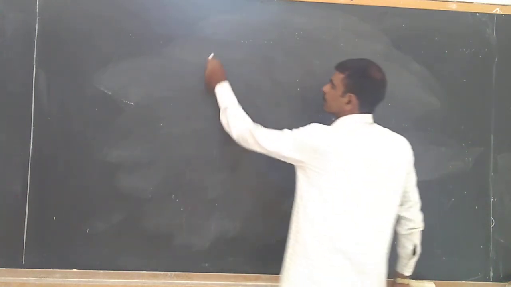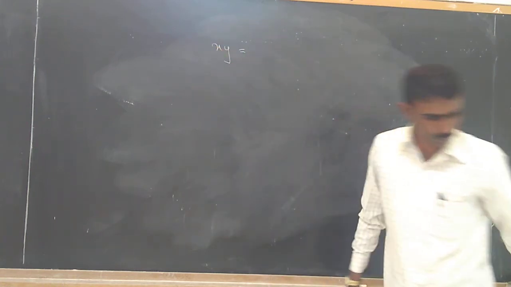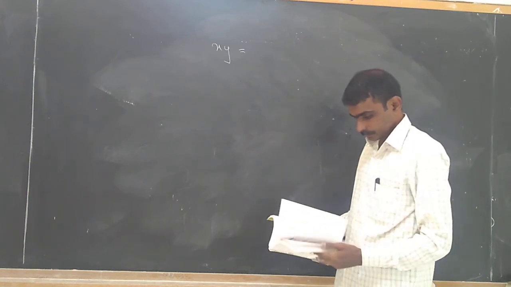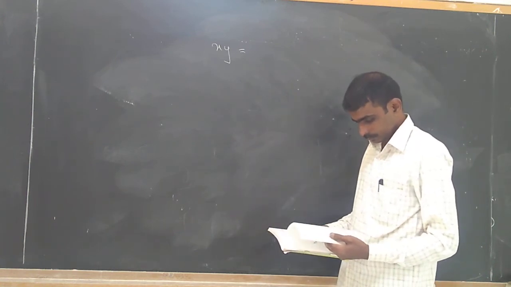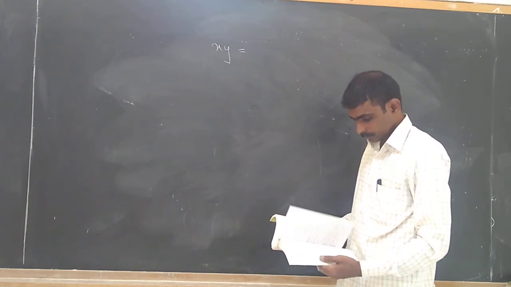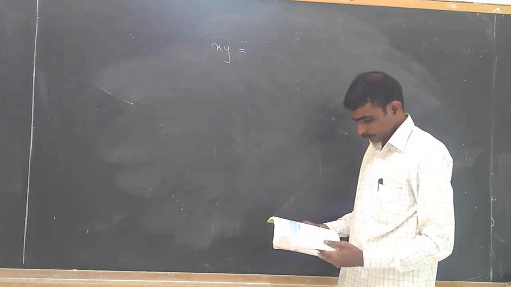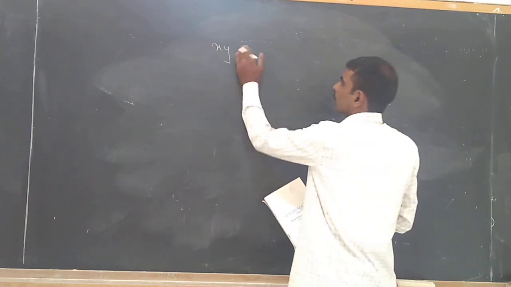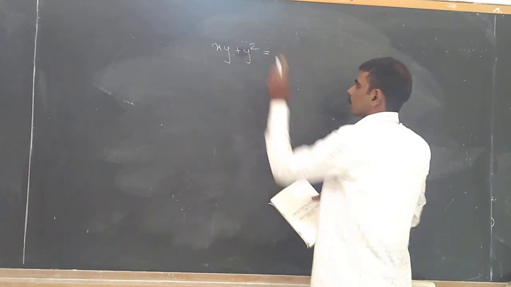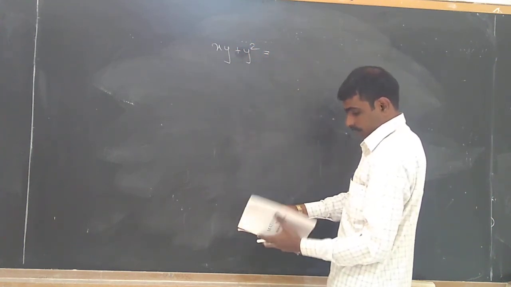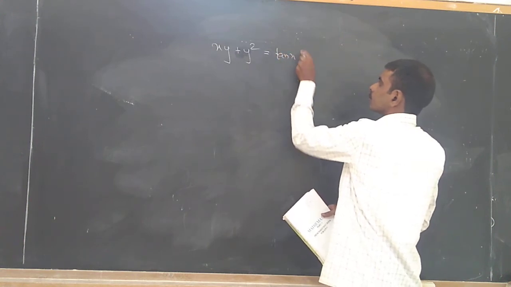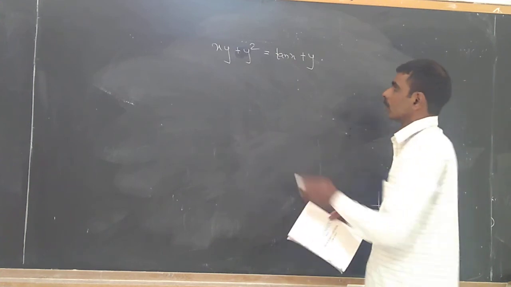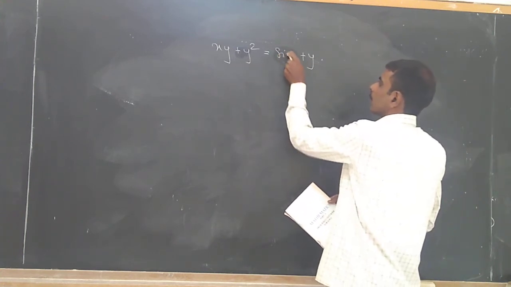So let me consider xy plus y square, it's from the textbook, is equal to tan x plus y, or you can also take it as sin x plus y.